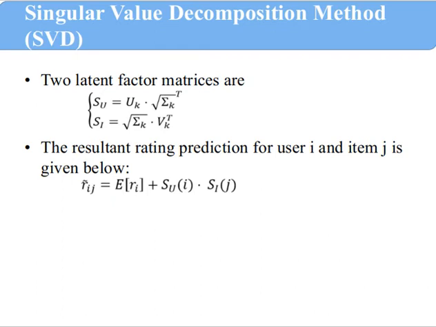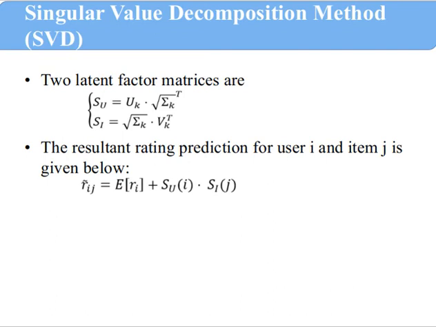Now the resultant prediction for the user i and item j is calculated with this formula: Rij equals E of Ri plus Su of i into Si of j. Here the term E of Ri is new, and it is nothing but the average or the mean value of the item for a specific user i.